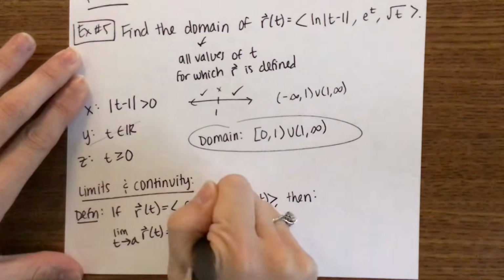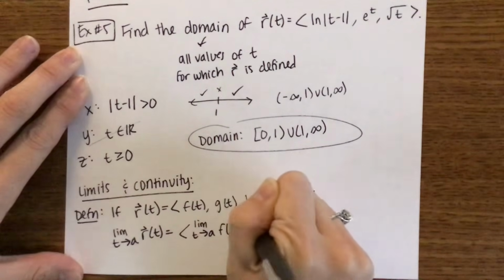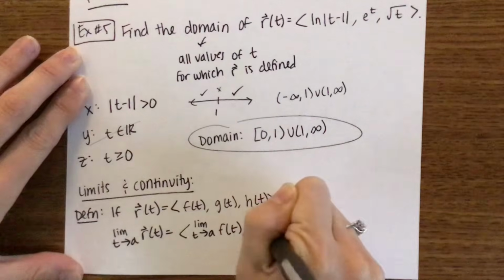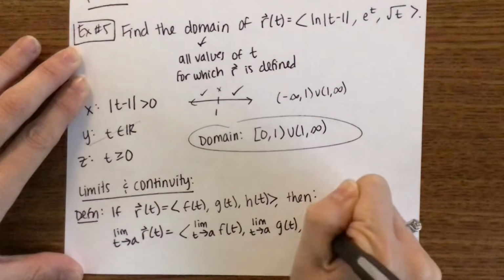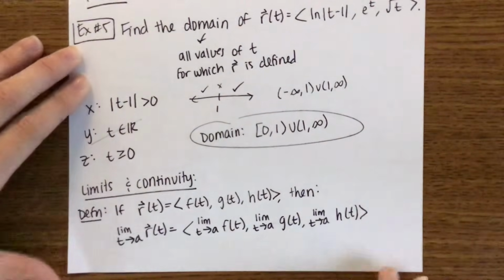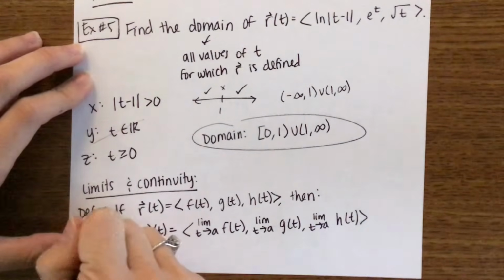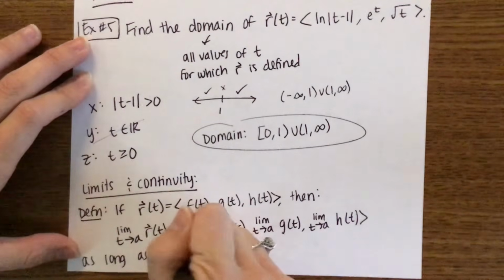So you have the limit as t approaches a of f of t, the limit as t approaches a of g of t, and the limit as t approaches a of h of t. And that is as long as all three limits exist.